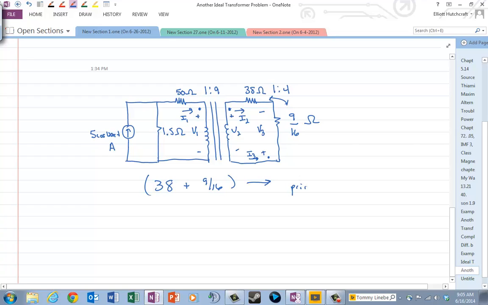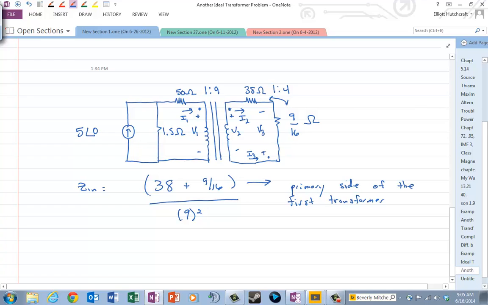It doesn't really matter. The total resistance there is 38 plus 9/16, and we need to take that to the primary side of the first transformer. So again, this should still be just 5 angle 0. Now we've got 38 plus 9/16, and we need to divide that by the turns ratio squared, so that's 9 squared.